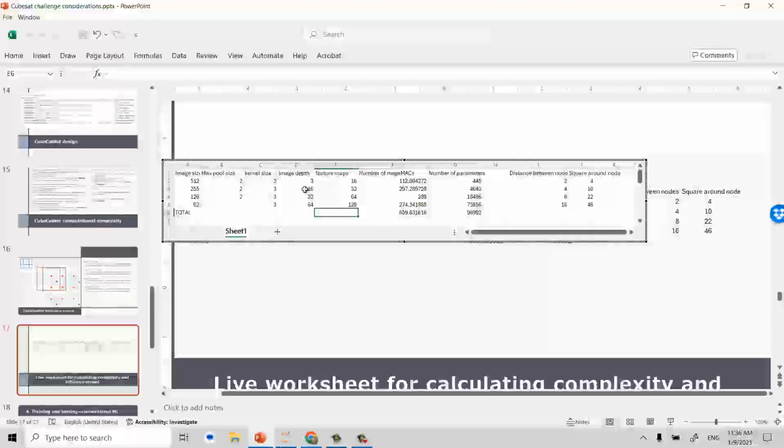In fact, image depth is the same as number of feature maps, staggered by 1. And then here I have the calculation for the mega MACs, the million multiply accumulates per second. And here's the number of parameters. So you can look at these formulas that I put in. This is the same formula I explained in this slide. And then this is showing the distance between nodes.